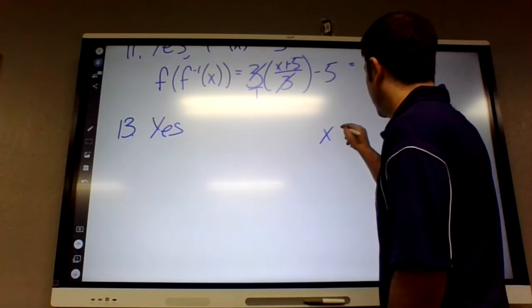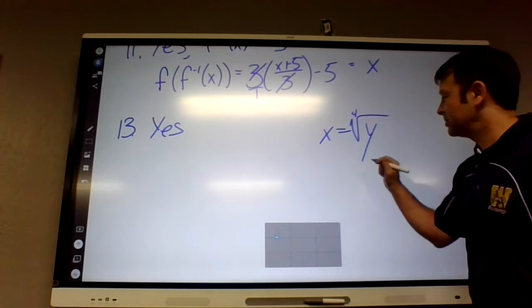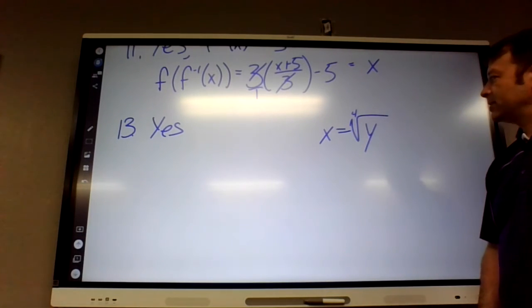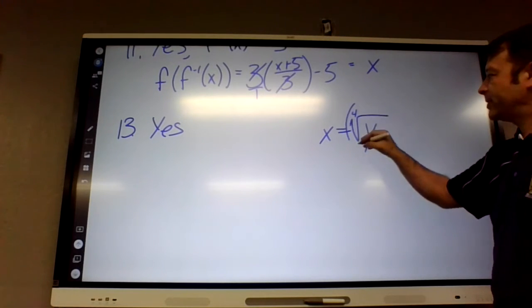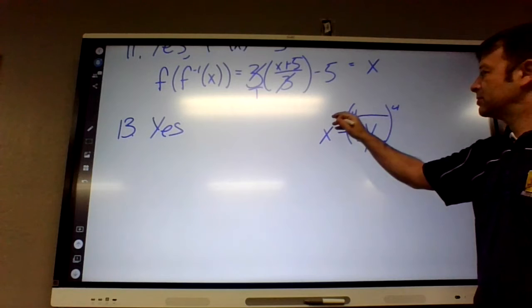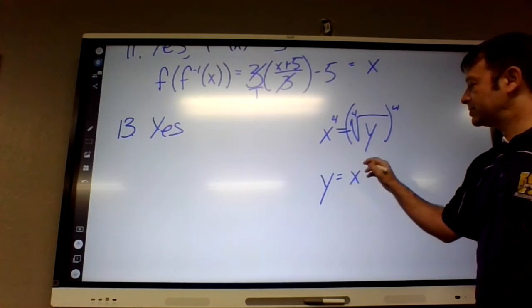Switch x and y. So x equals 4th root of y. How do I get rid of the 4th root? 4th power. So y equals x to the 4th.